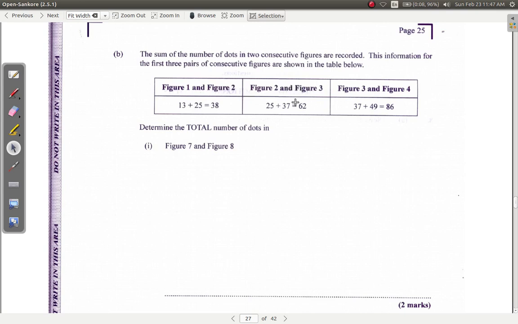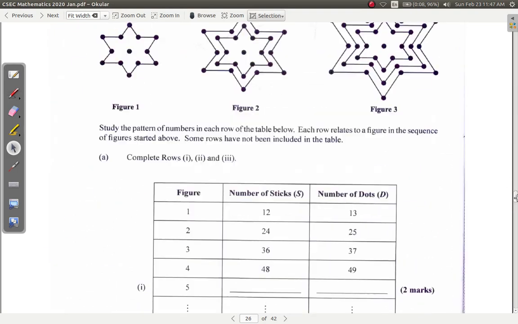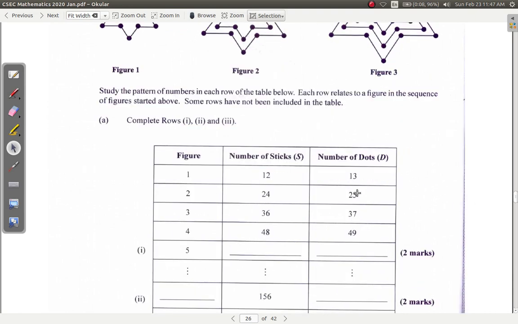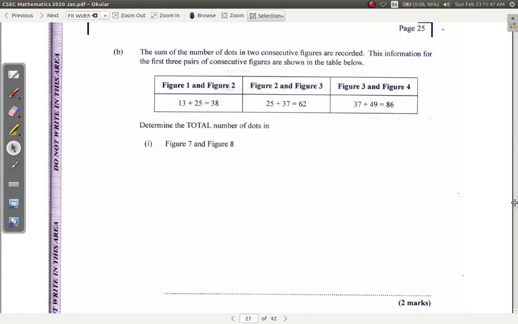Figure 2 and figure 3, it was 25 plus 37. Alright, so that's what's happening. We had 13 plus 25, then 25 plus 37, then 37 plus 49. So 37 plus 49, 86.